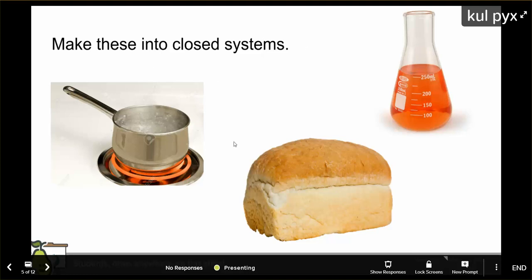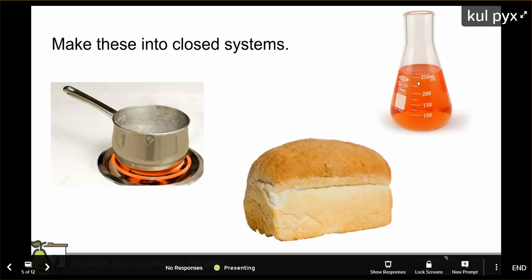It's an open system, meaning that things can interact with it, right? You can throw in some molecules, right? Molecules can leave, right? A lot of things can be added right now to these images, right? You can add some salt and pepper, right? You could throw water in here, right? Maybe some asbestos could drop in, right? Right now they're all open.